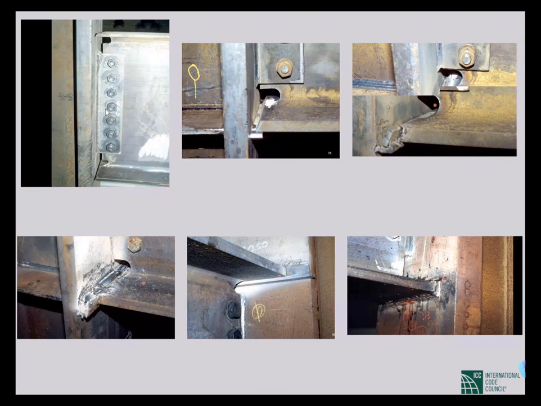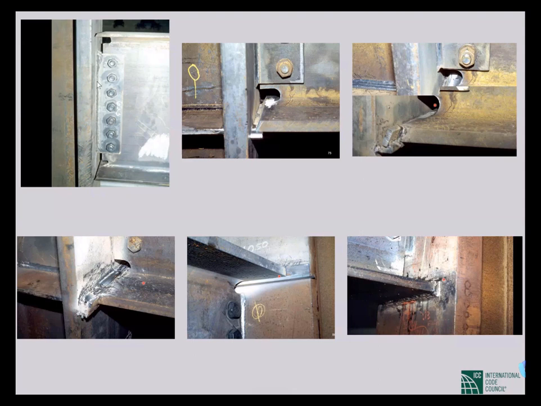The welding has to be done. The beam is connected to the column flange through a bolted joint, and this gusset plate is welded to the column flange.